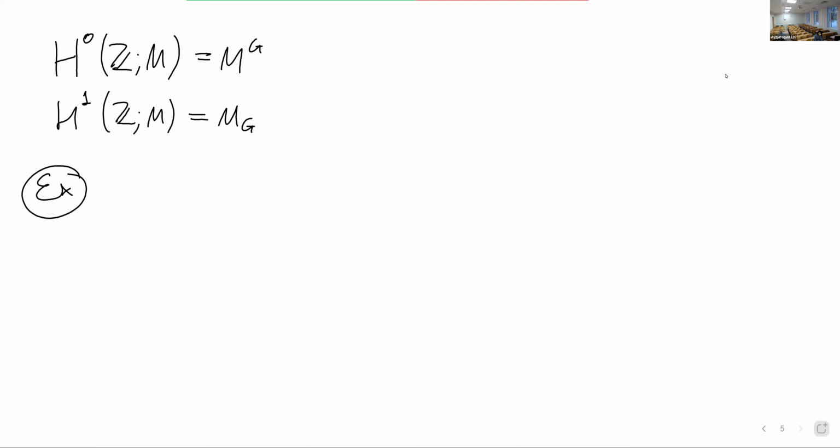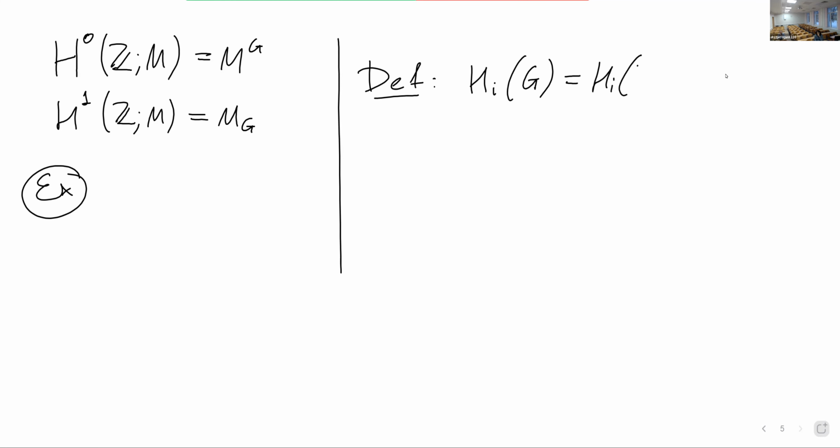So I just wanted to say, that was the point of the previous discussion about G-complexes and so on. There's another way to define group homology, as the homology of the classifying space, with integral homology here.